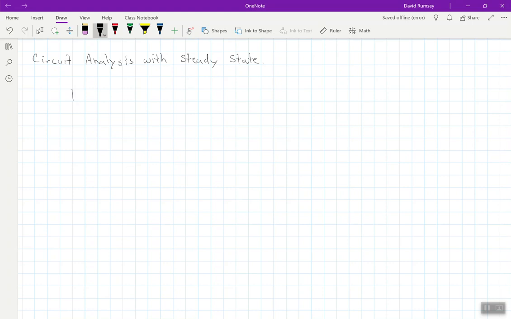So what we're going to first start with here is I'll give you the circuit. Now, this is an example here, and this happens a lot where the circuit is being given completely in phasor format.